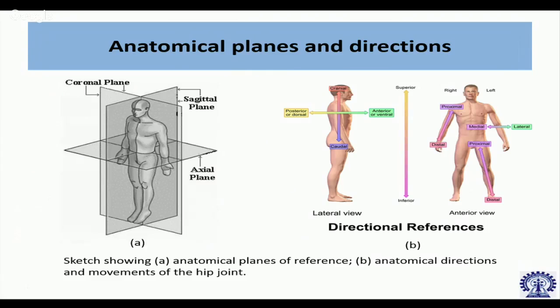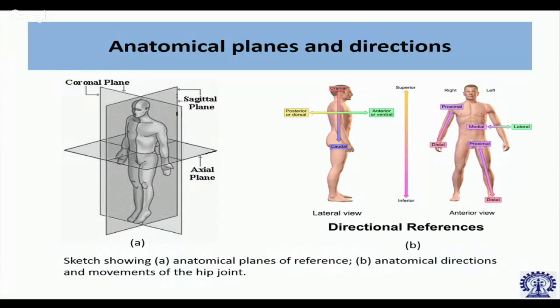By definition of the English language, superior is up and inferior is down. You can also sometimes say cranial and caudal, as it appears in medical terms. So that defines the front, back, top, and bottom.